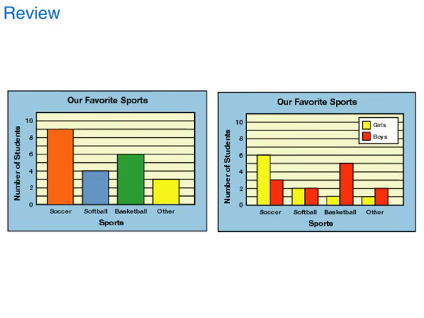So here are the 2 graphs that we just looked at in today's lesson. In the first one, we just had a regular single bar graph where we were looking at the favorite sports of students in the class. But then we decided to break it down so that we were able to see the favorite sports of girls and boys, and we created a double bar graph to show that information.